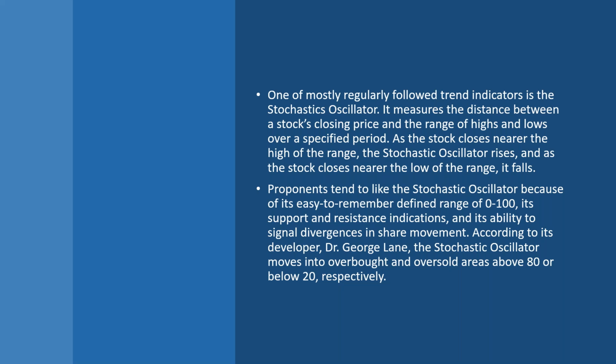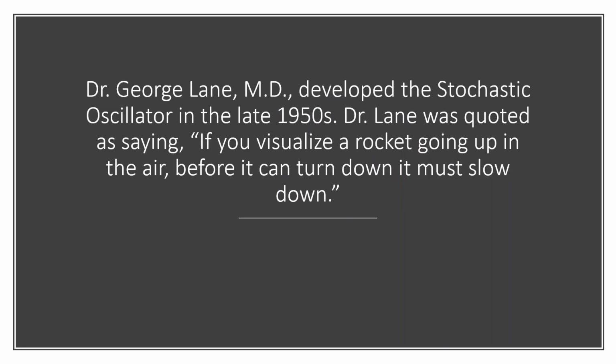So on the whole, all that you have to pay attention to is when stochastics falls below 20 or rises over 80. So you could think of between 20 and 80 as a dead man's range, but you can't ignore it either. So Dr. Lane developed the stochastics oscillator in the 1950s.